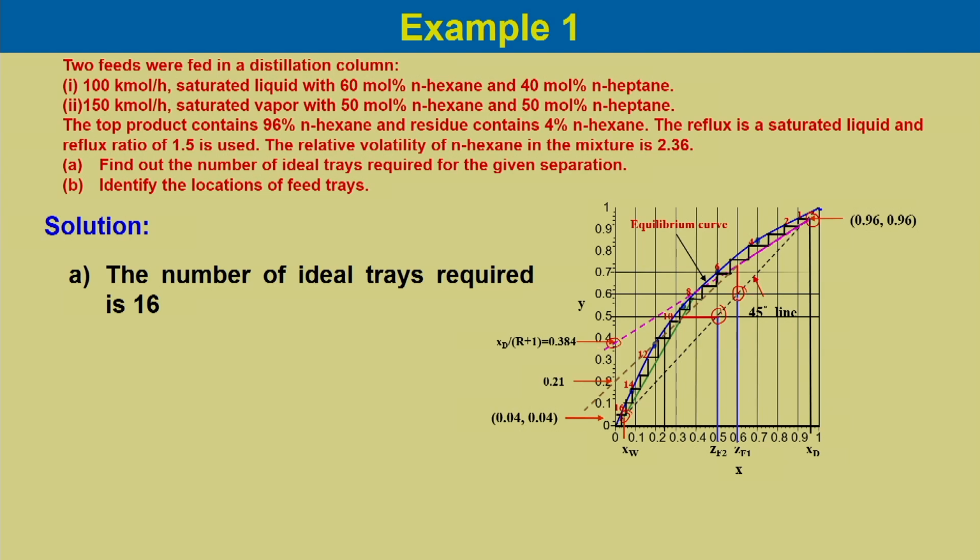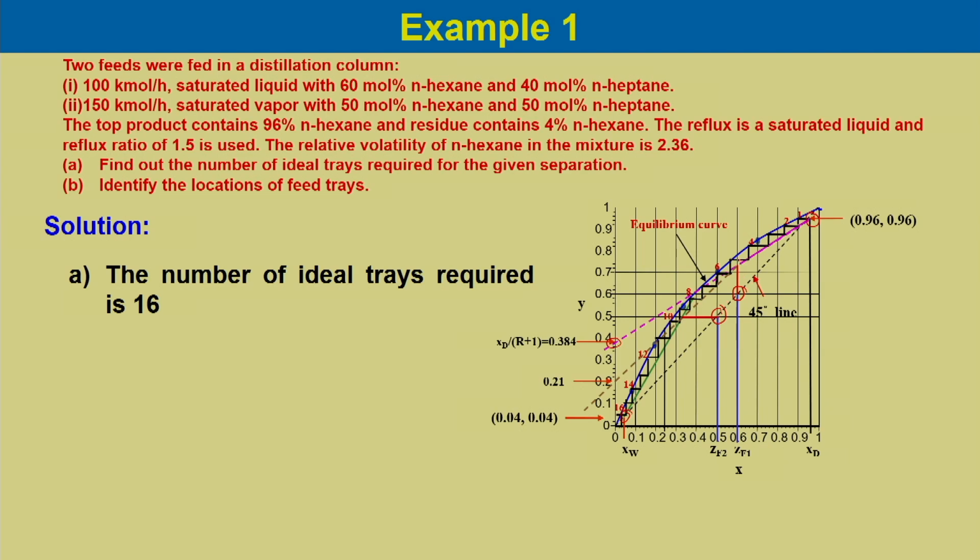We can draw the feed line depending on the feed condition. Here feed 1 is saturated liquid, so a vertical line, feed 2 is saturated vapor, so a horizontal q line for this section for feed 2.